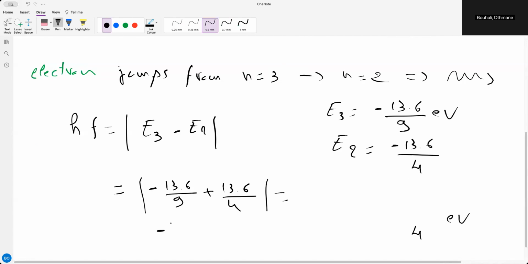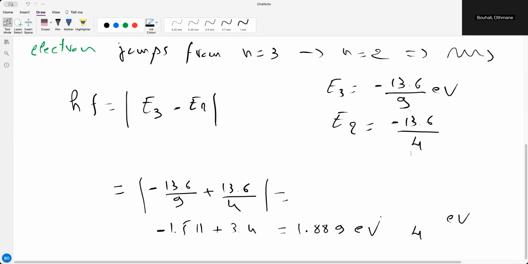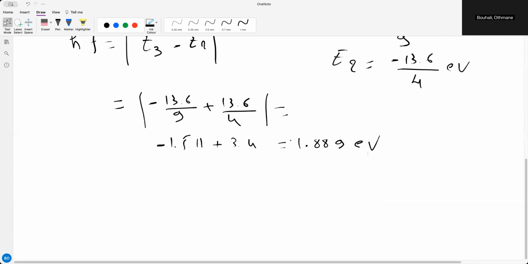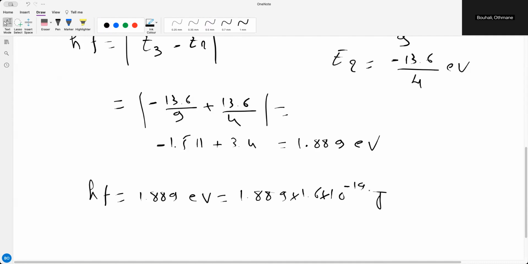This will give you minus 1.511 plus 3.4, which gives 1.89 electron volt. So the photon energy emitted when the electron jumps from the third state to the second state is 1.889 electron volt, or you can convert it to joule.